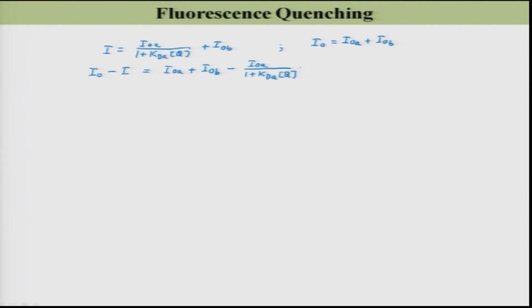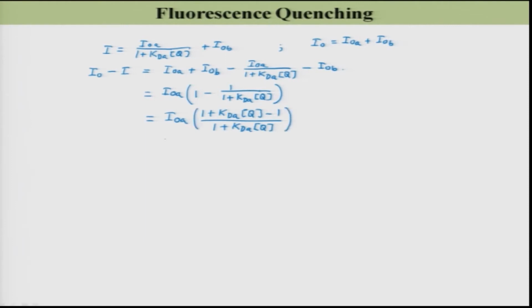So, this is equal to I 0 A into 1 minus 1 over 1 plus K d A into Q. This is equal to I 0 A times 1 plus K d A into Q minus 1, divided by 1 plus K d A into Q. This is equal to I 0 A K d A into Q divided by 1 plus K d A into Q.